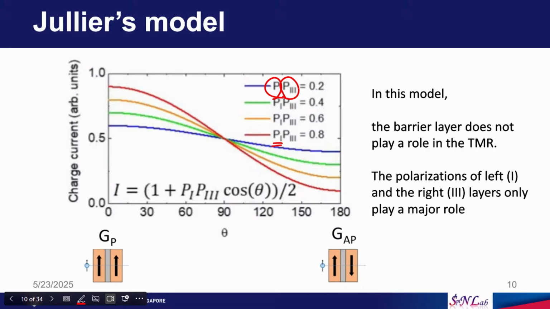If you make both the ferromagnetic layers have a large polarization, you will have large TMR. Okay. So, that is basically the model. It does not talk about the role of a barrier layer in TMR. Okay. So, if you are studying the barrier layer effect on TMR, you cannot use this model.